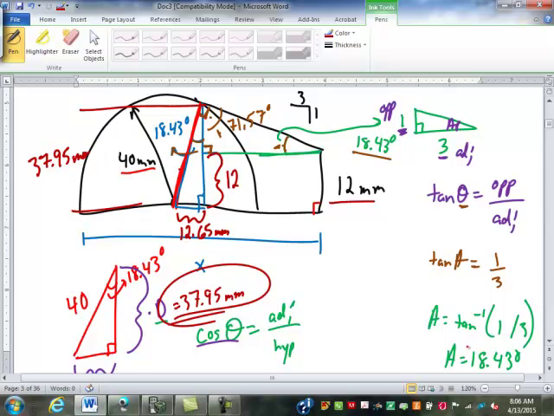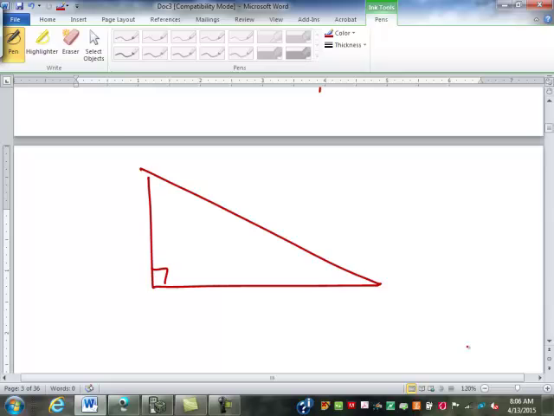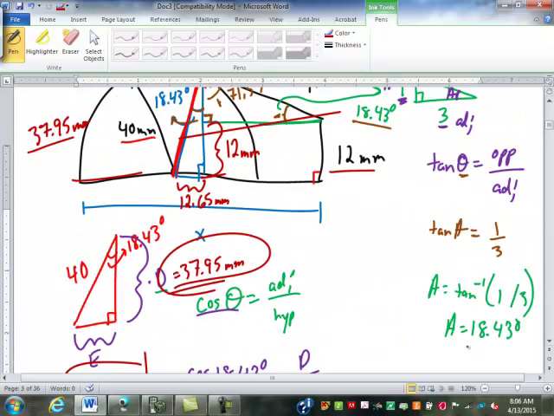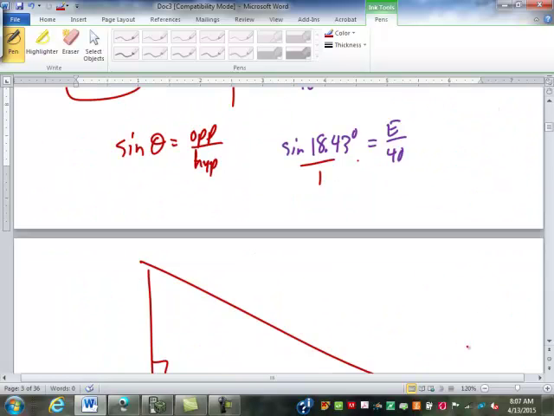That's where those rectangles come in. We know that the dimension on one end has to be the same as the dimension on the other. If that's 12 and from here to here is 37.95, that means on this triangle here, this dimension is 37.95 minus 12, which is 25.95.